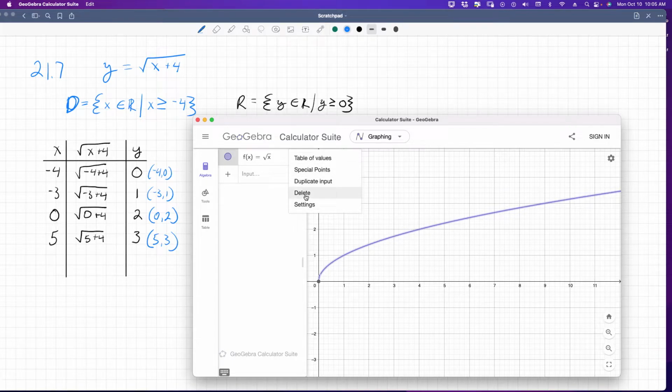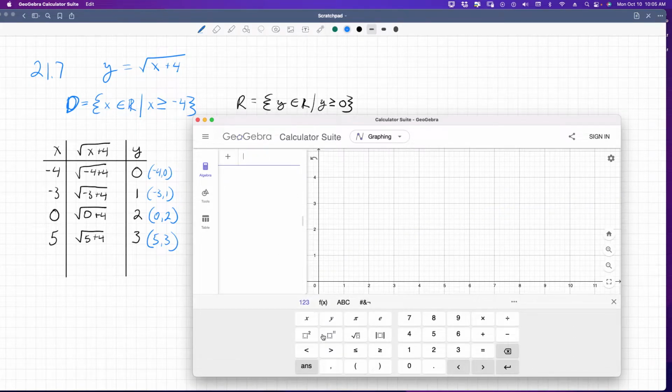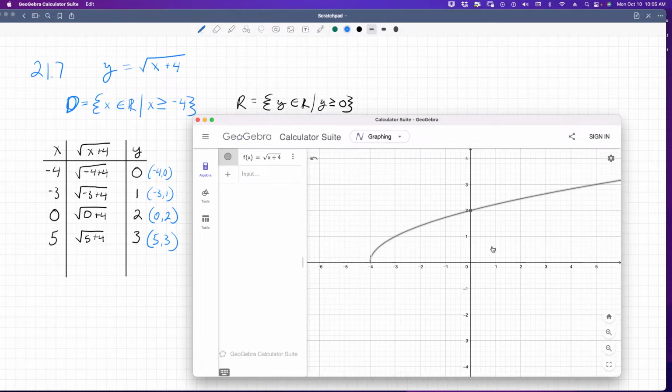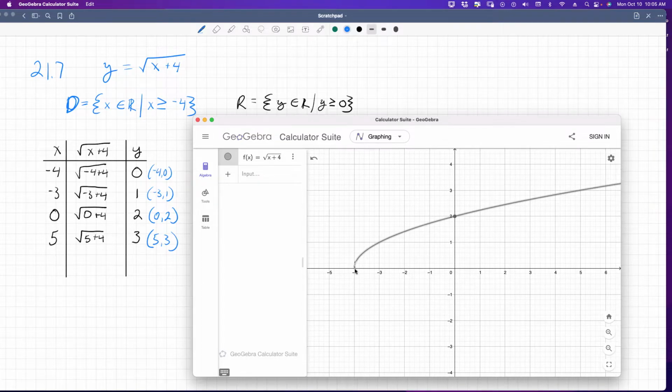And I can check that to make sure I did all my points right. I'm going to delete this one, and I'm going to type in square root of x plus 4. And then enter that. And let me zoom out so we can see what we have. So here we are. We have -4 and 0. That's that first point. Our next point would be -3 and positive 1. We did that.